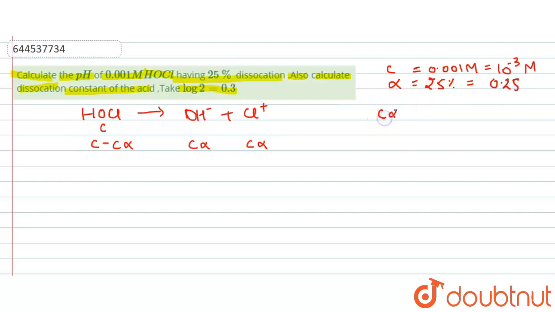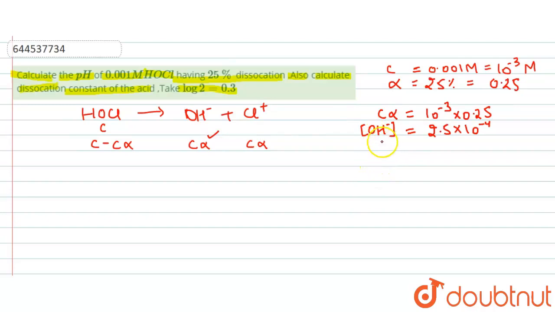From here we can calculate C alpha. It will be 10 raised to power minus 3 into 0.25, which is equal to 2.5 into 10 raised to power minus 4. It is C alpha, and it is also equal to the concentration of the ions.